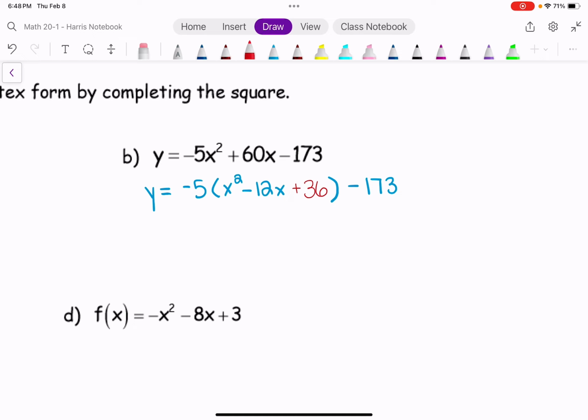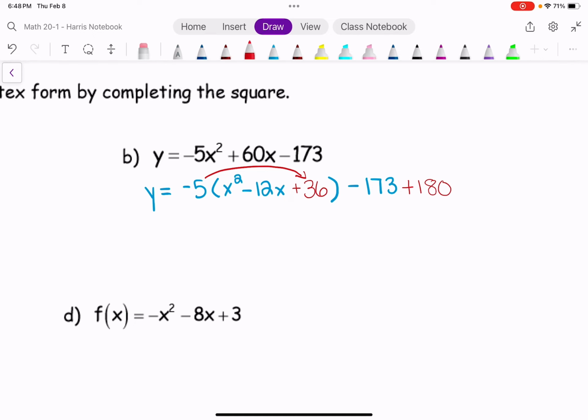Because I added a 36, there is a coefficient I pulled out. So negative 5 times 36 is going to be negative 180. So if I'm actually adding a negative 180, that means I need to make sure I'm adding my 180 here on the outside.